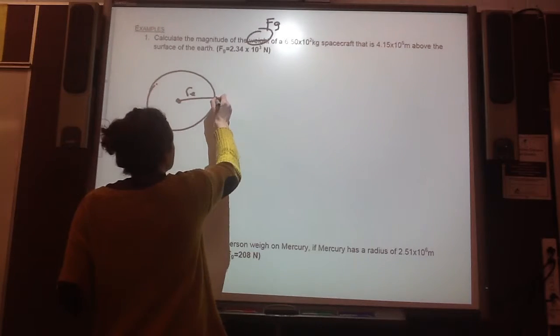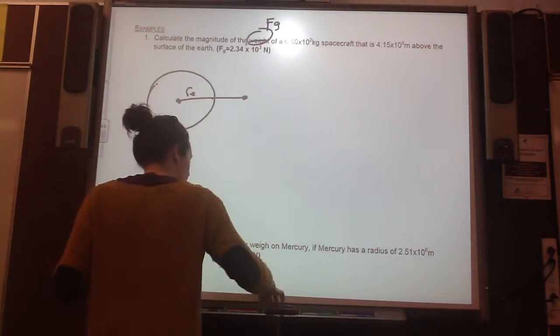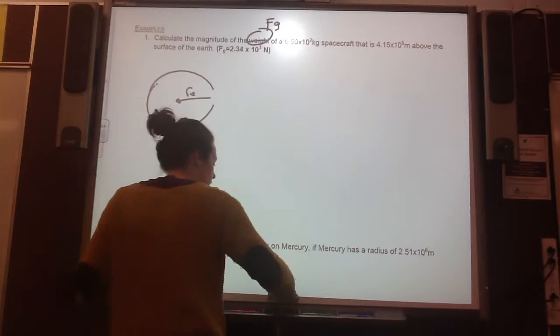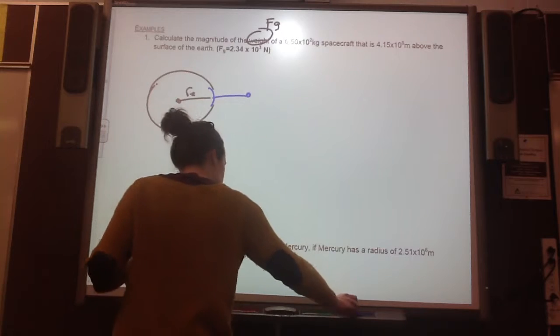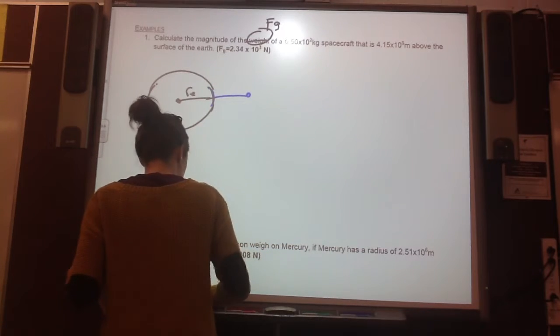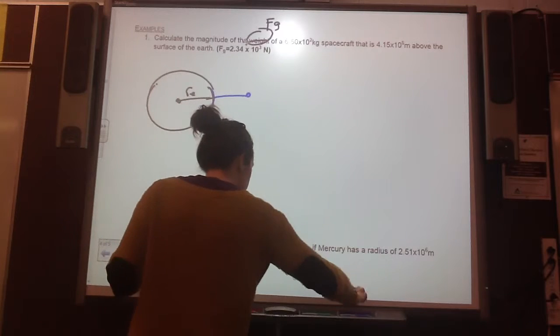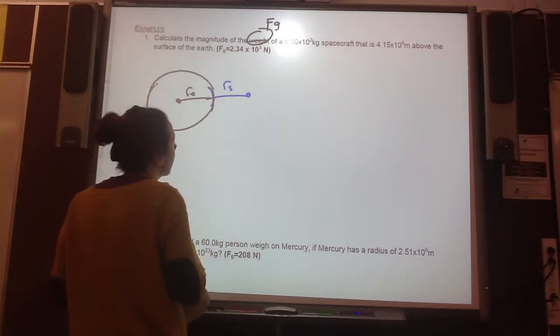But then it said this spacecraft is above Earth, so I'm going to put my spacecraft in a different color. The spacecraft is above Earth's surface, so that's an extra radius. I'm going to put R of my spacecraft there.